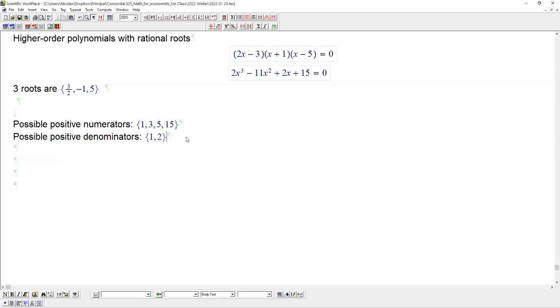So now all the possible roots, I'm going to combine all these numerators and denominators together. It's a Cartesian product in a sort, but then I divide them, and then I have to combine them with pluses or minuses. So all the possible candidates.